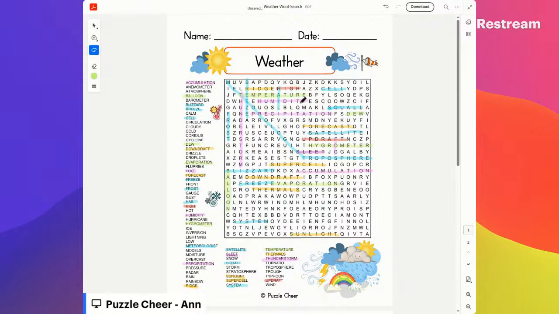And we'll cross off dew. And then I said I found trough right in the center vertically. T-R-O-U-G-H, trough.